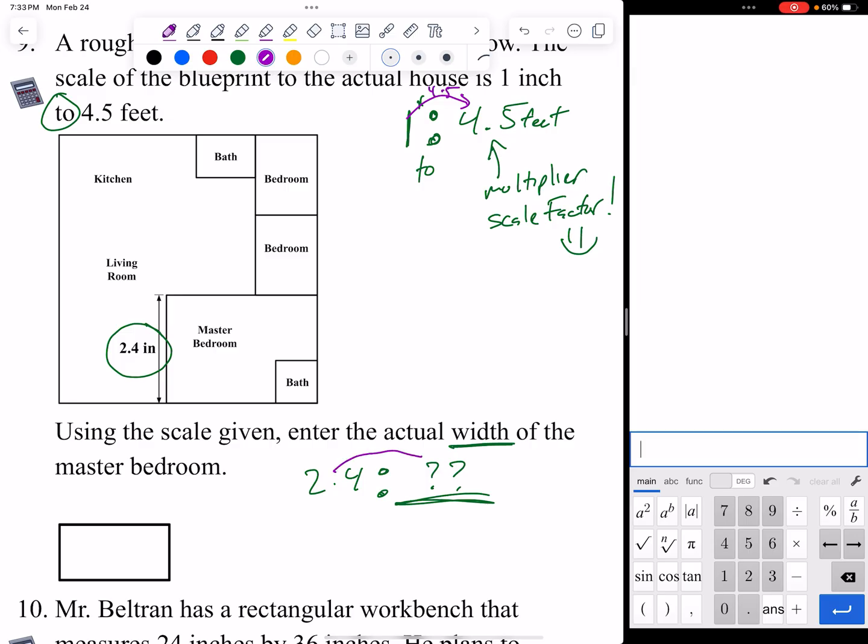So calculator time, 2.4 times 4.5, and I get 10.8. So not that hard, right? A lot of you guys probably just on a hunch would multiply by whatever it says, right?